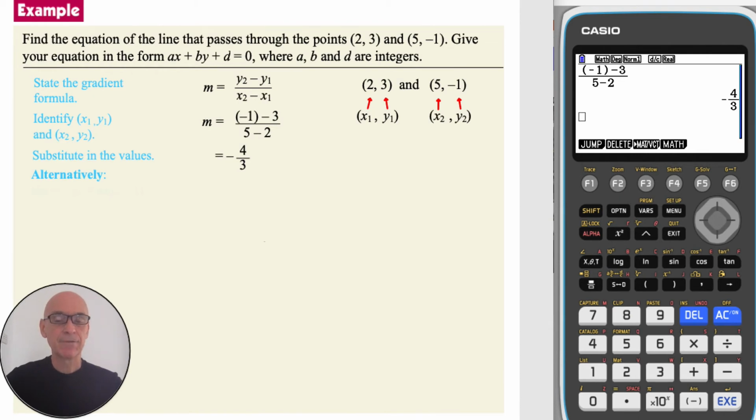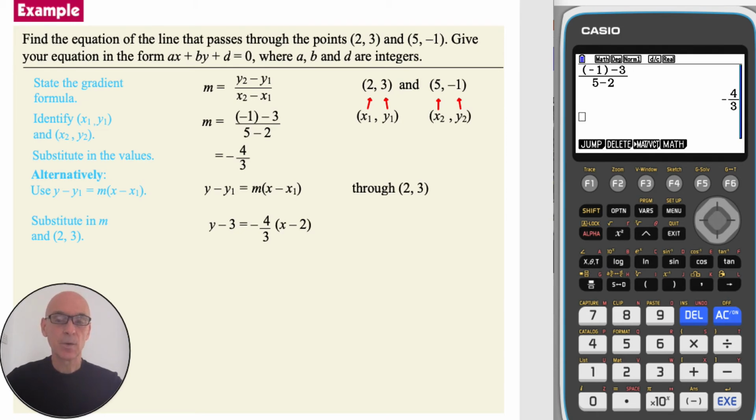Alternatively, having found the gradient of -4/3, we could use the formula y minus y1 equals m bracket x minus x1, replacing m with -4/3 and substituting in the coordinates of the point 2, 3.